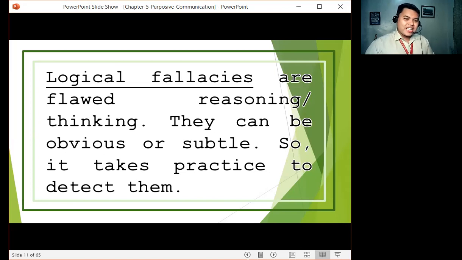There are instances that the information or the incorrect reasoning is obvious, that you would say, oh, that is not correct, you are wrong. And there is also information that is subtle. It means you cannot recognize whether the information is correct or not.